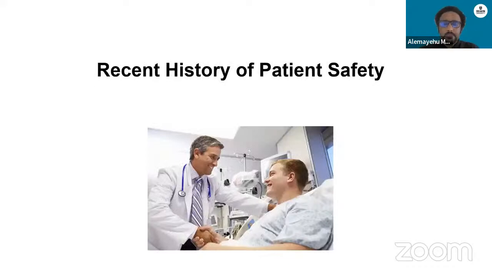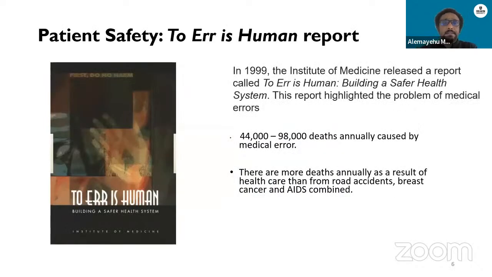As usual, before going in depth into patient safety, let's take a look at how we have progressed with the improvement in patient safety across the world. This is the first report, To Err Is Human, by the Institute of Medicine in America, which highlights the problem of medical errors. As many as 98,000 deaths occurred annually because of medical errors.